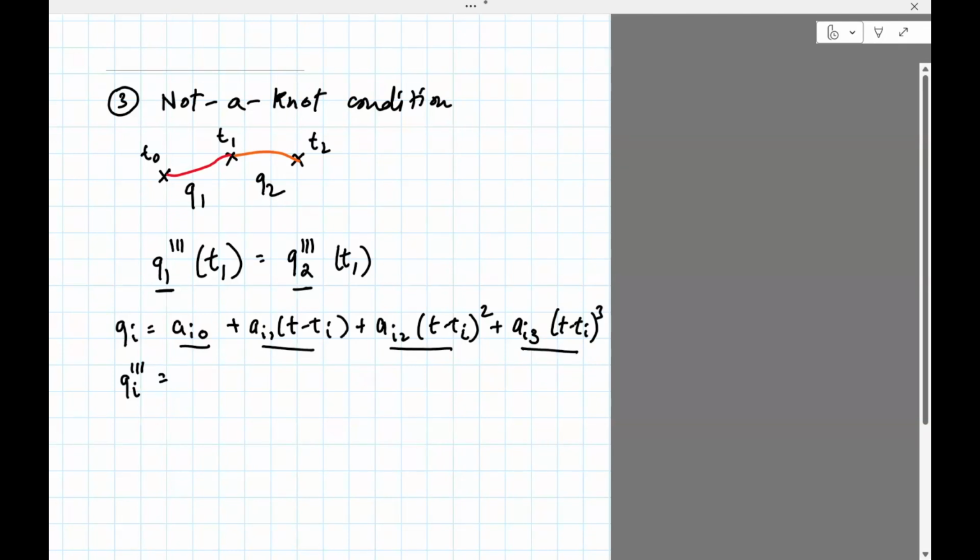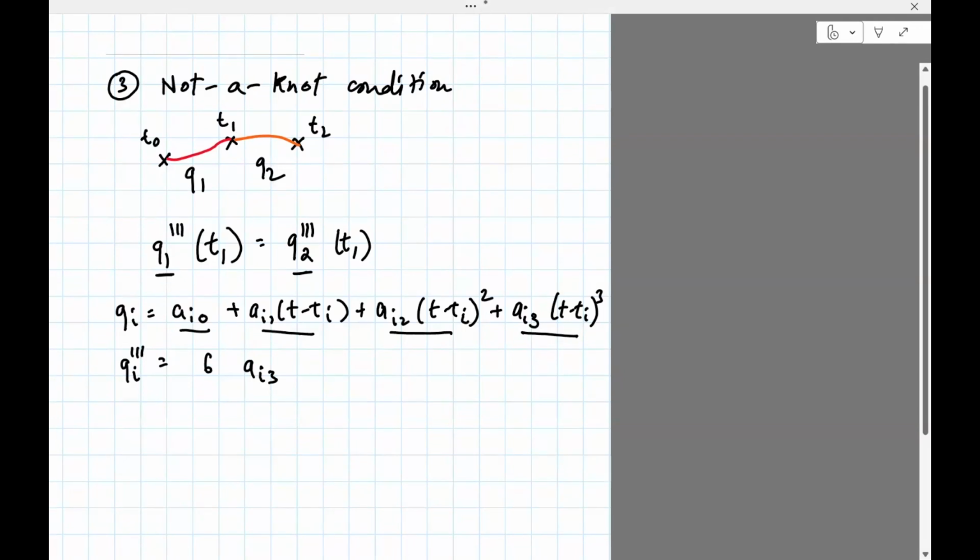So the third derivative of this is 3 times 2 times ai3. Will it be a constant? No, so let's do it: the derivative of ai3 times t minus Ti cubed gives 3 ai3 times t minus Ti squared, then 6 ai2, then 6 ai3 times t minus Ti. Yeah, the third derivative will be a constant, 6 ai3.